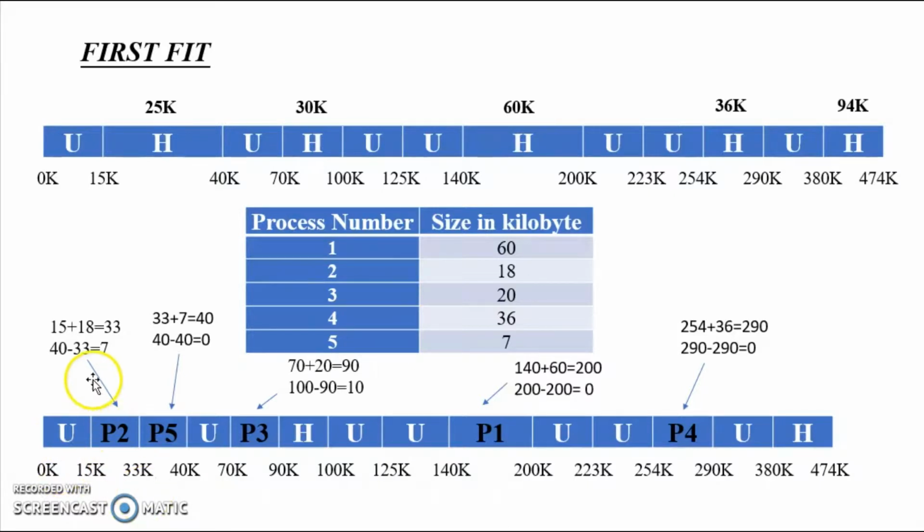So 15 plus the 18 kilobyte is 33. So we stop at 33, and we cut it off by the hole, which is 40. So we use 40 to minus 33. The hole is left 7 kilobyte of space.